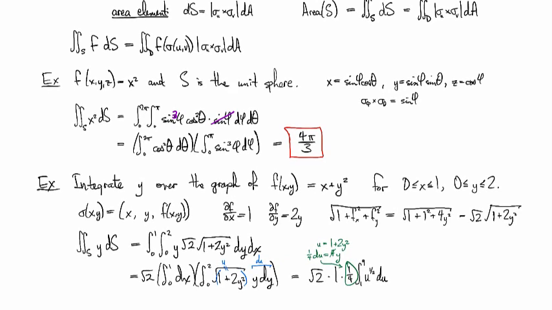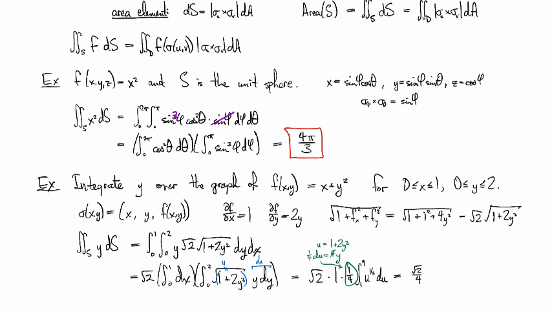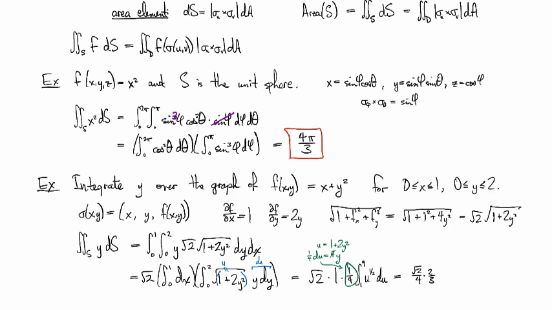So that gives root 2 over 4, and then the other part becomes, 1/2 becomes 3/2, so we multiply by 2/3 out in front, and then we have u to the 3/2 from 1 to 9.